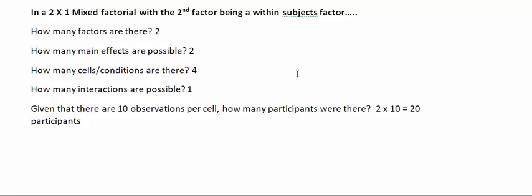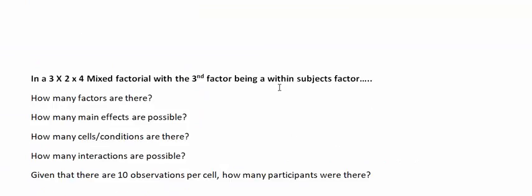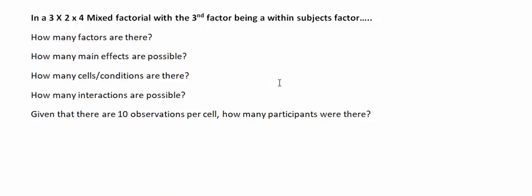Now we're going to move to a 3-factor study. Okay, so in this one, we have a 3 by 2 by 4 mixed factorial, with the third factor being a within subjects factor. Right? Looks a little complicated, but it's the same kind of thing. So how many factors are there?